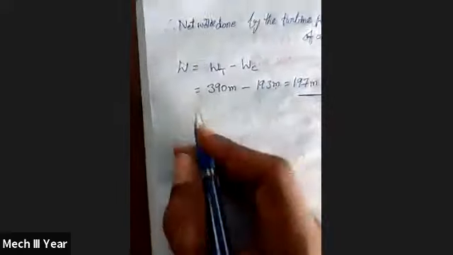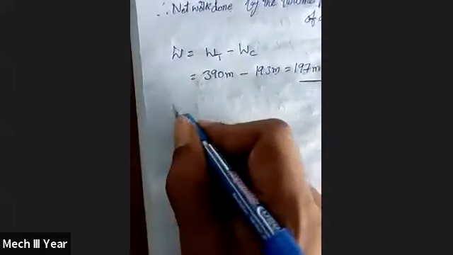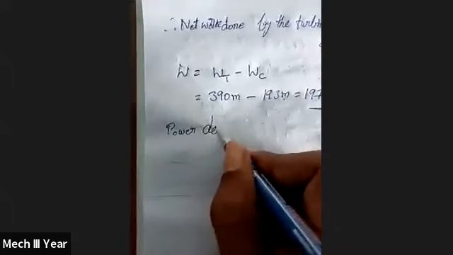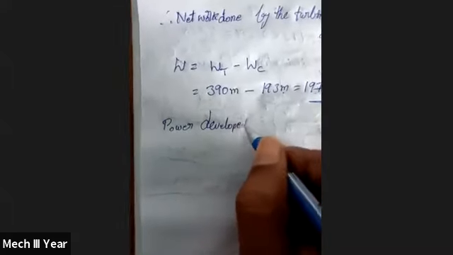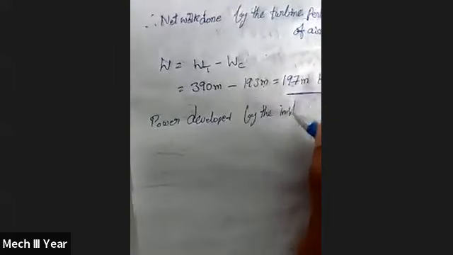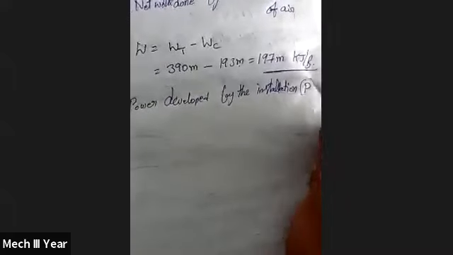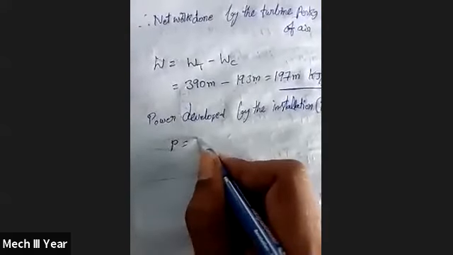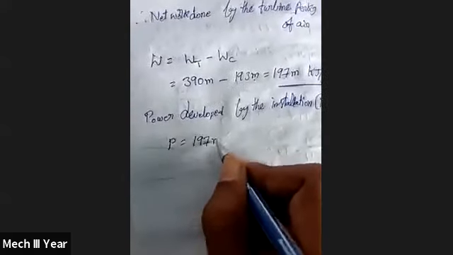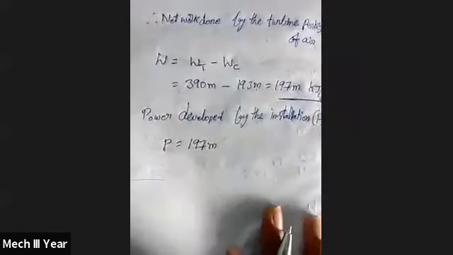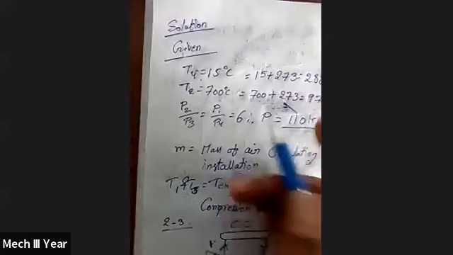So now here we are going to see the power required. How much power is developed by the installation, we want to see. That's called P. So P is equal to 197 M. We already know P is given here, you can see the given data.